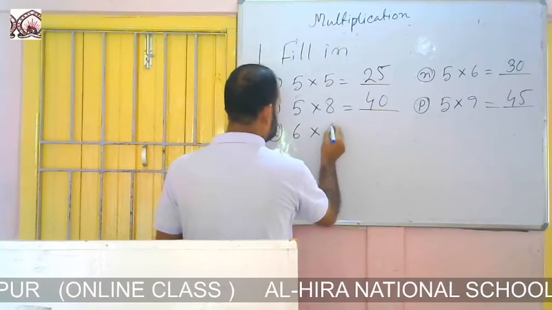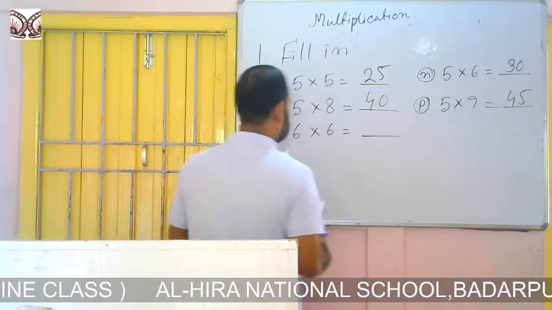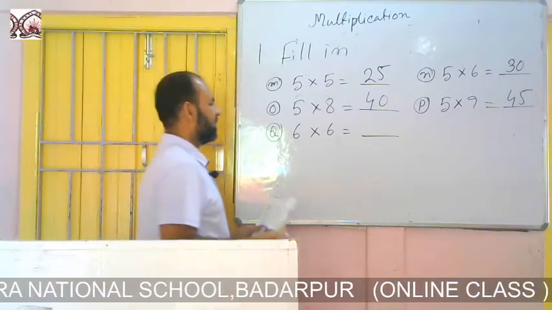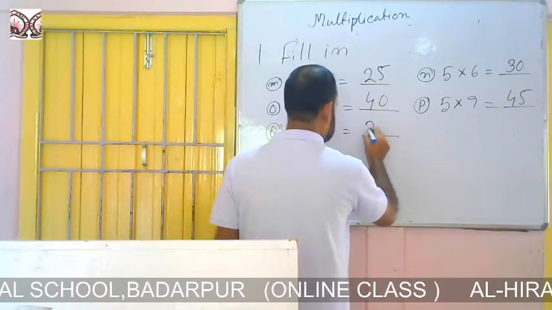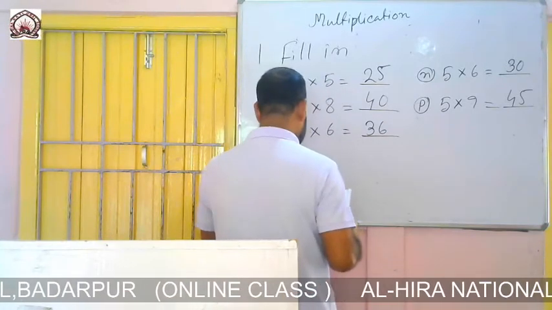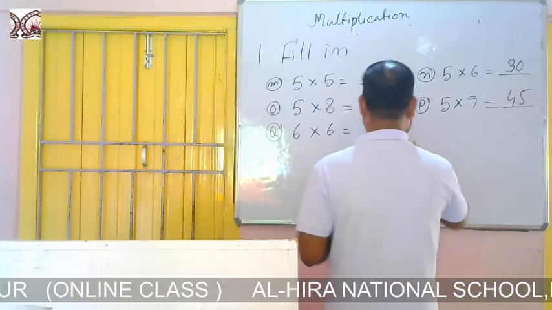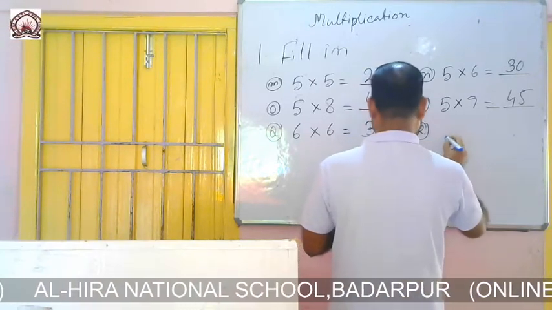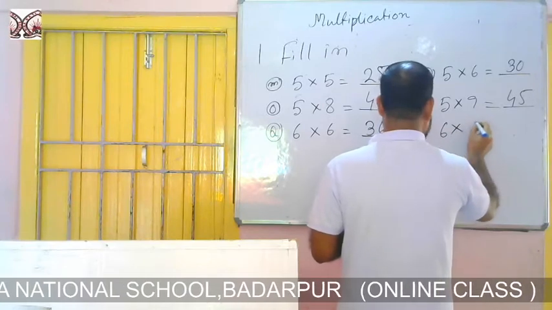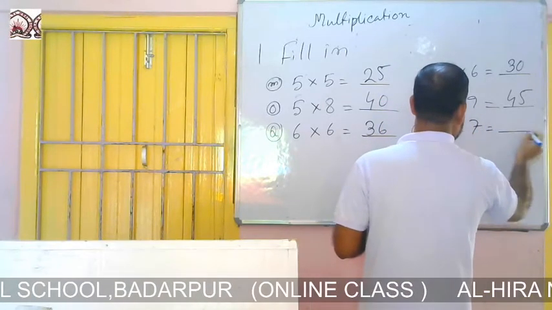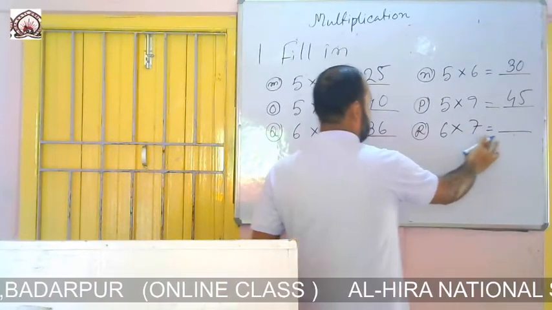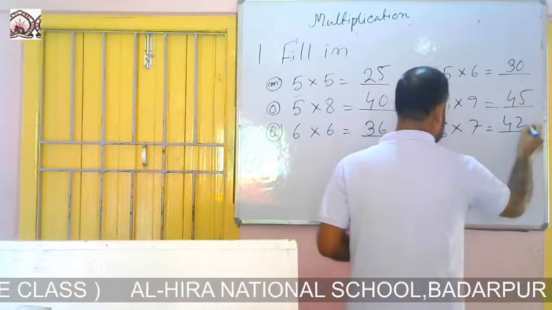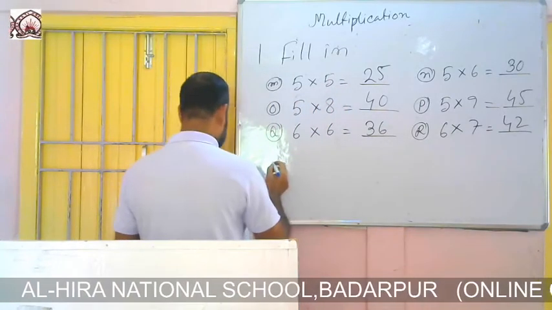6 6s are, if we count table number 6 up to 6 times, then 6 6s are 36. 6 7s are, if we count 6, 7 times, then 6 7s are 42.